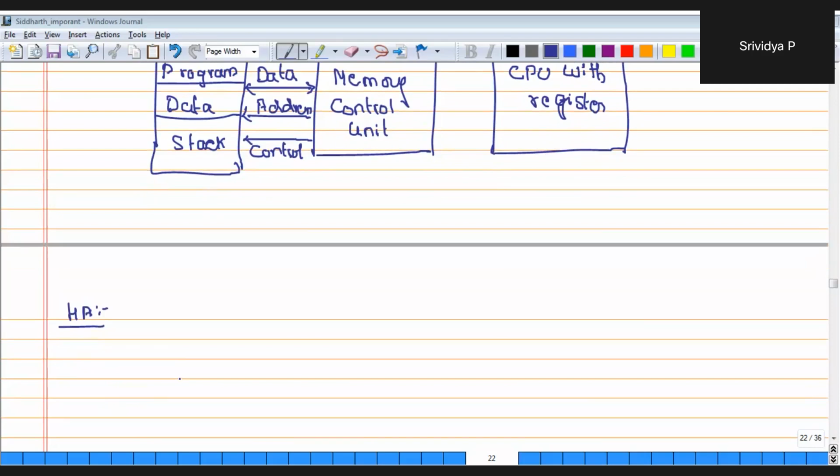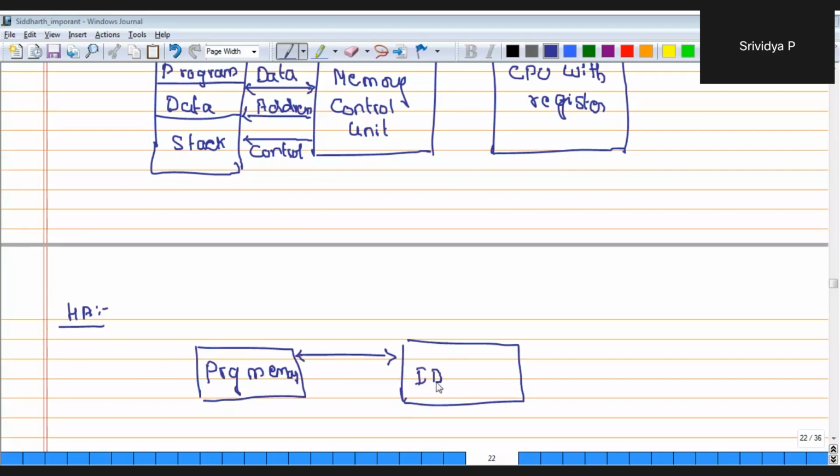To draw the block representation, we can show something like this. It has a separate program memory. From program memory, the instructions move on to the instruction decoder. Address is issued by the instruction decoder, and the data is bidirectional. Data moves from program memory to the instruction decoder. Control signals are issued from the instruction decoder.